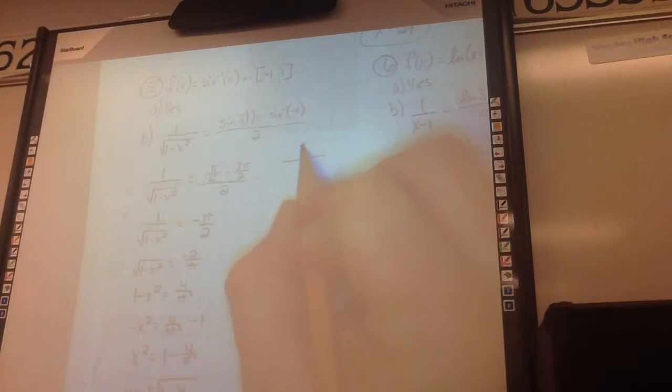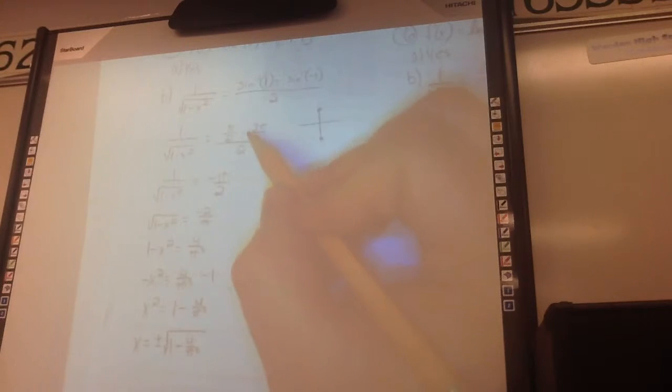That's pi over 2. Inverse sine of 1 is pi over 2. Where does y equal negative 1? That'd be down here, so that's 3 pi over 2. Once you have those, it's just algebra.